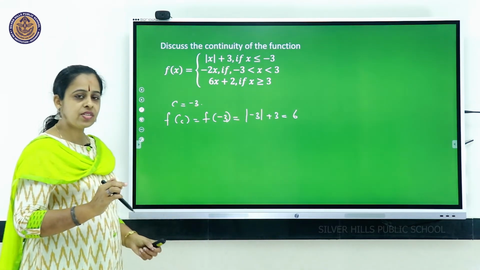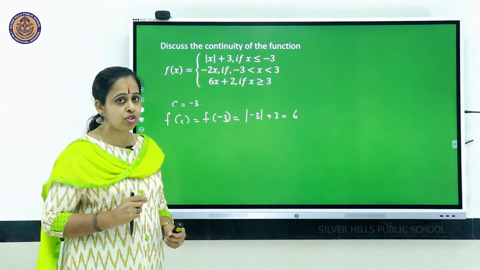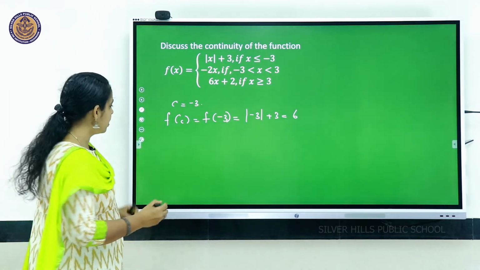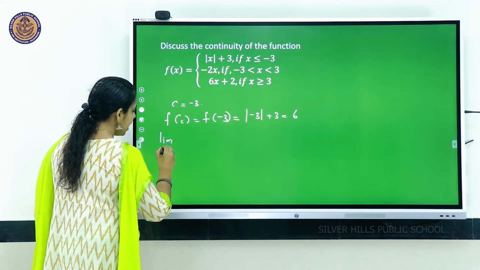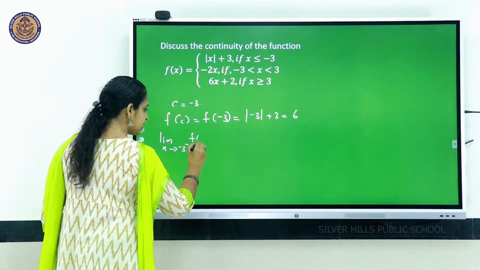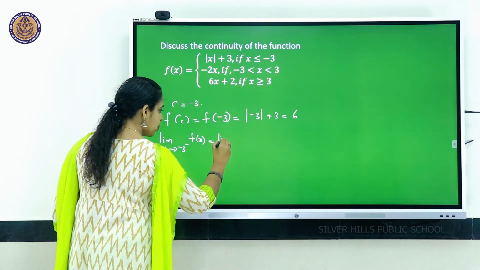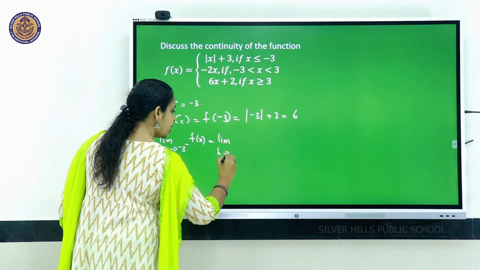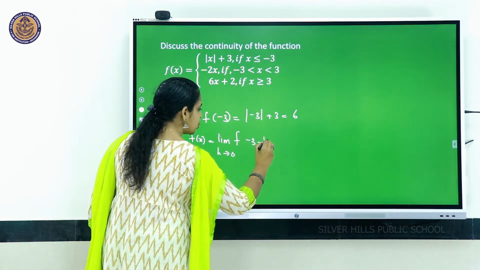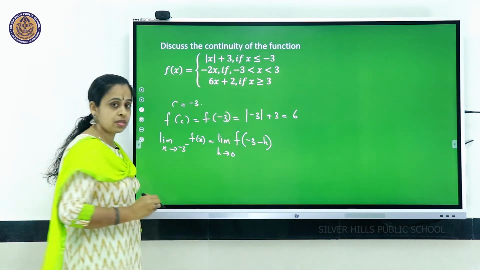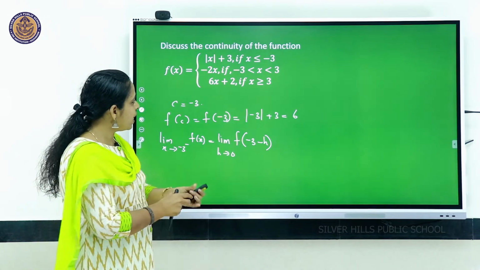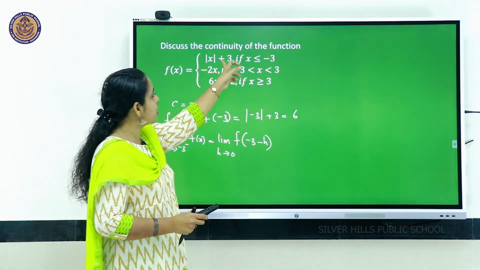Now, let us take h as previously, a small positive quantity, and approach through the left side, that is LHL. Limit x tending to minus 3 minus of f of x equals limit h tending to 0 of f of minus 3 minus h. From minus 3, a minus h is taken. So, when it is less than minus 3, what is the nature?